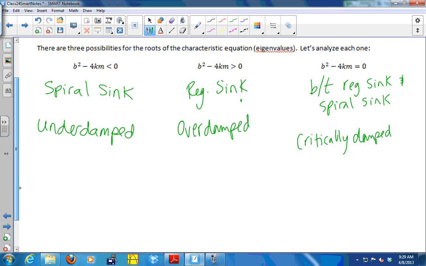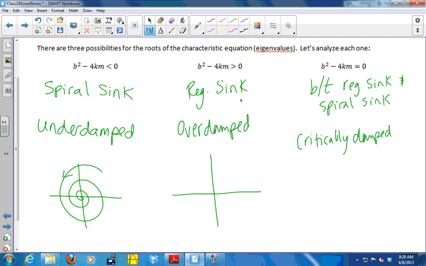So let's see what these look like. We've got a spiral sink, which would look something like this. A regular sink, which has two straight line solutions. I'm just going to put them in here randomly, that both approach the origin.